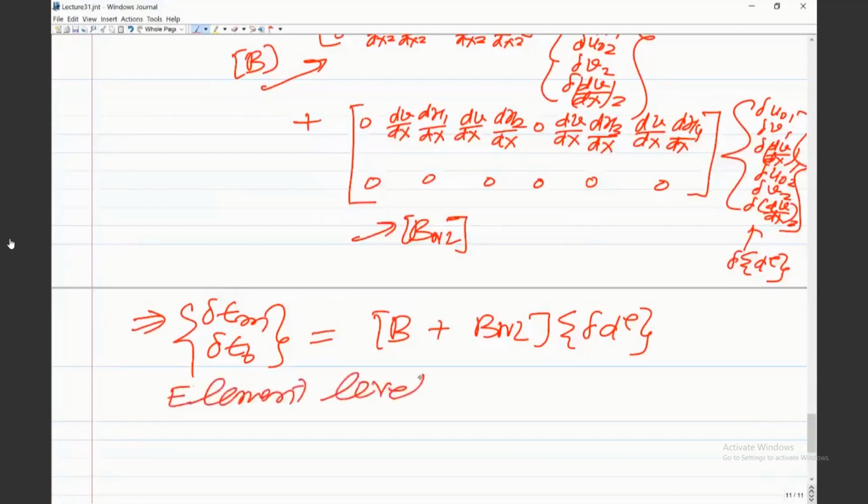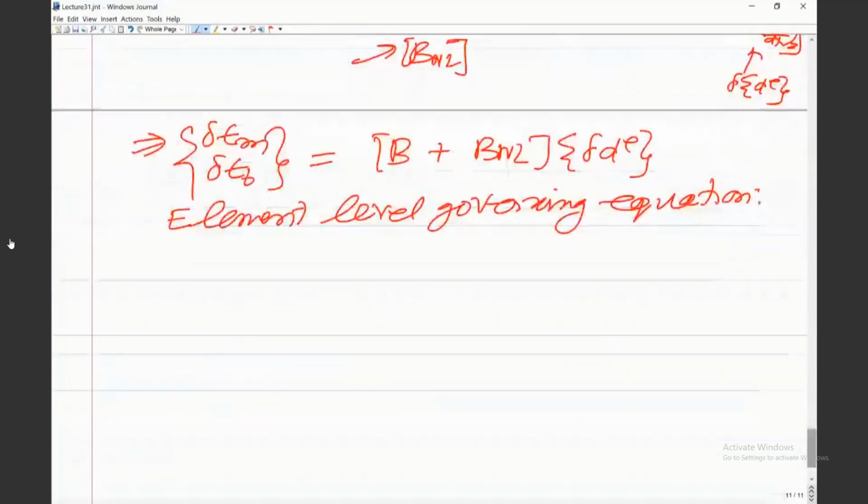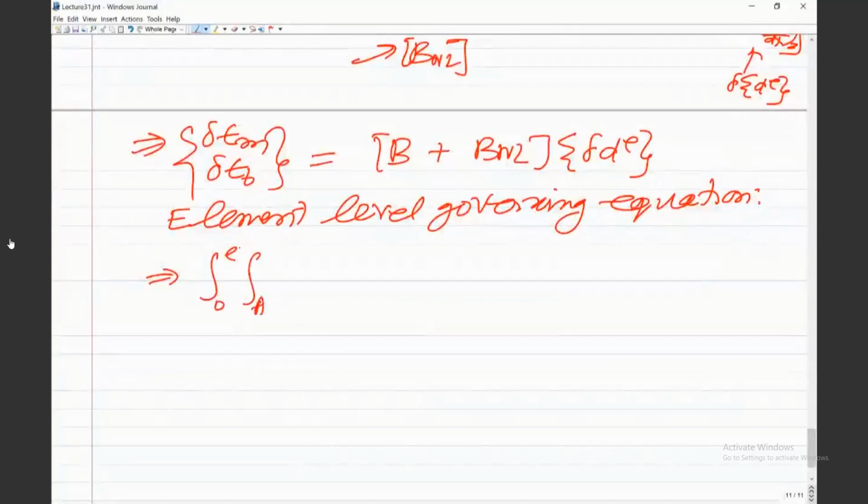Element level governing equation. So the element level governing equation will be the integration over 0 to L, integration over the cross sectional area. L is the length of the element in the reference configuration. A is the cross sectional area of the beam in the reference configuration. And then here we will have B plus BNL transpose, and additionally we have this y.